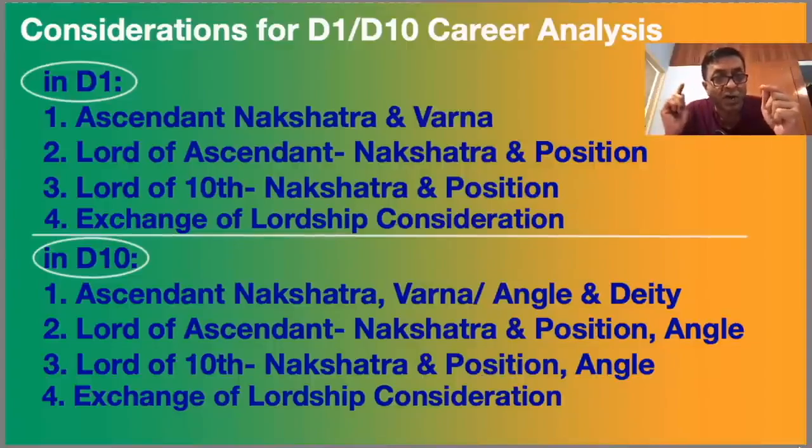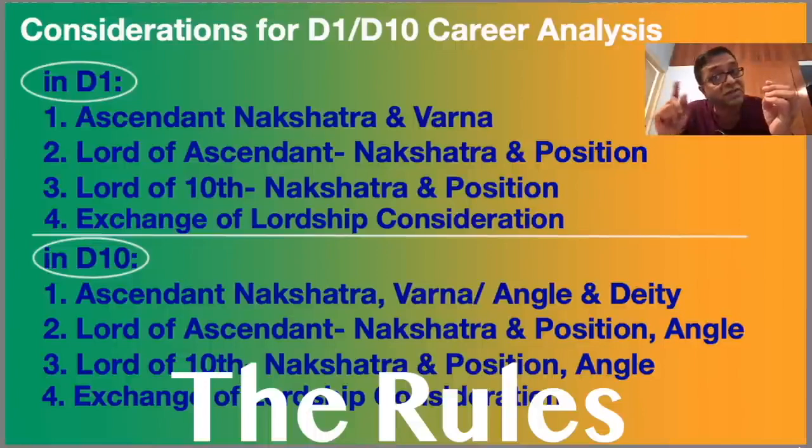Number two, the lord of the ascendant, the nakshatra and the position thereof. Number three, lord of the 10th house, that nakshatra and the position of that planet, whatever the planet is. Number four, exchange of lordship consideration. This is dominant and plays out in many charts as well. Okay, we will see what that means.